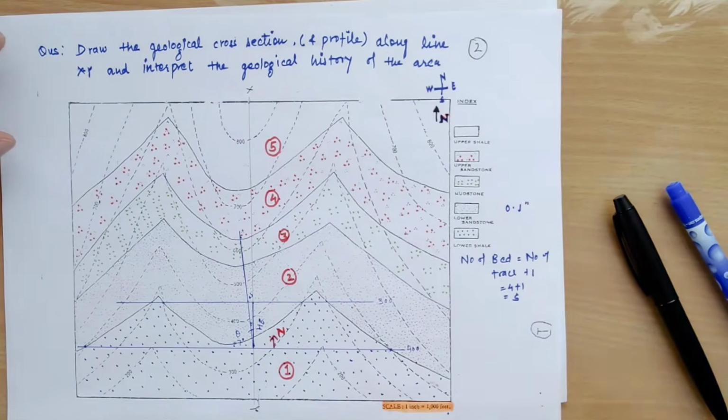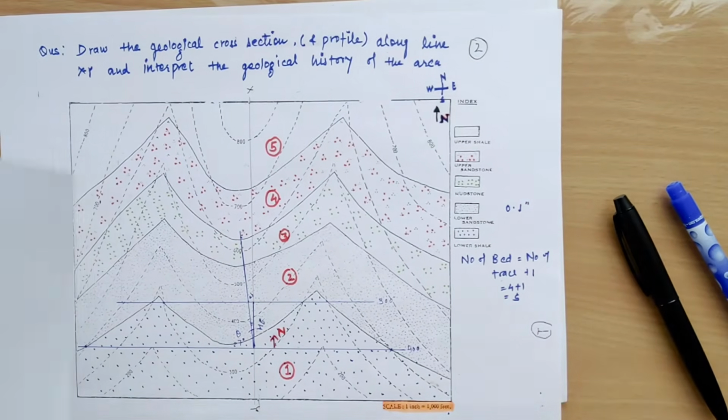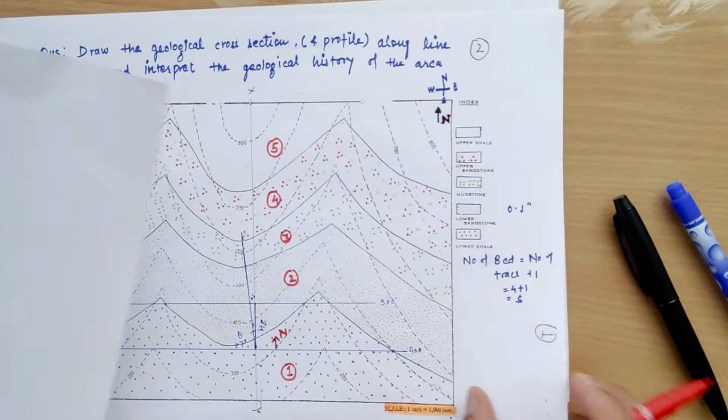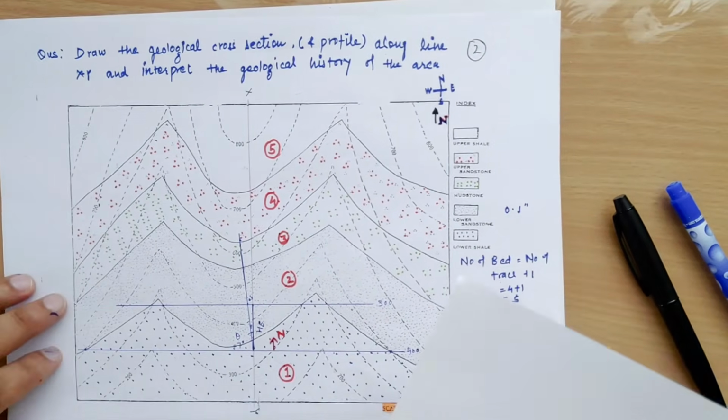Now we have to draw the cross section and profile of the map. For that we have a plain sheet of paper which we will put over here.